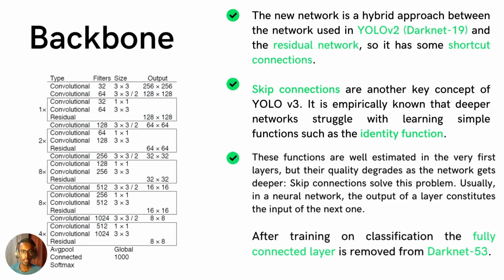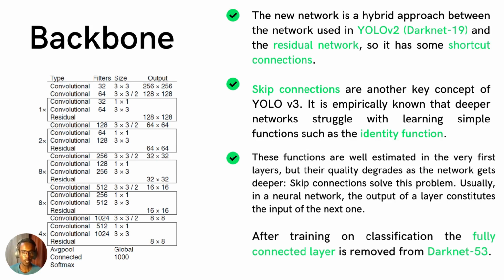The new network is a hybrid approach between the network used in YOLOv2 and a residual network such as ResNet, so that it has some shortcut connections. As we can see in the image, the residual blocks are implemented within those blocks that are being repeated many times. And skip connections are another key concept of YOLO version 3.